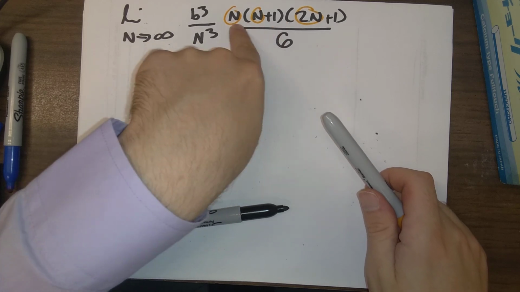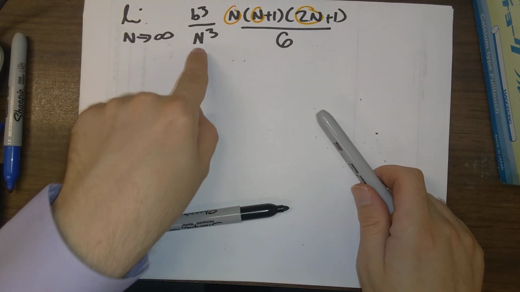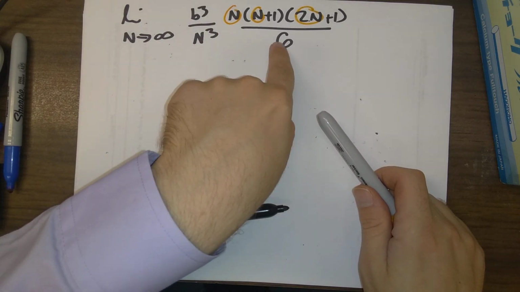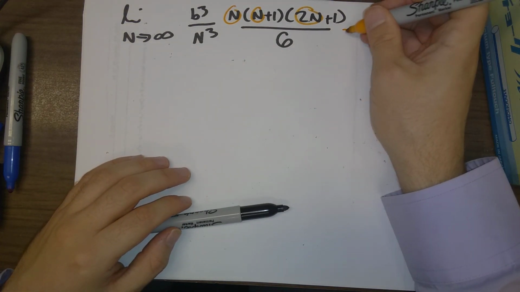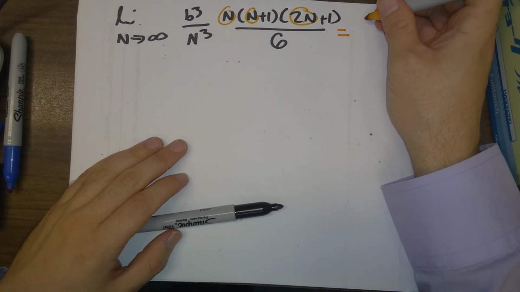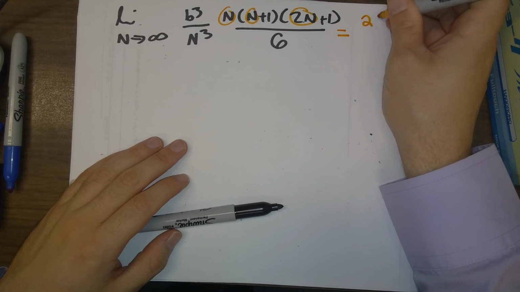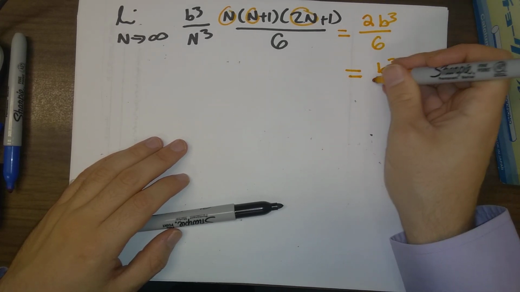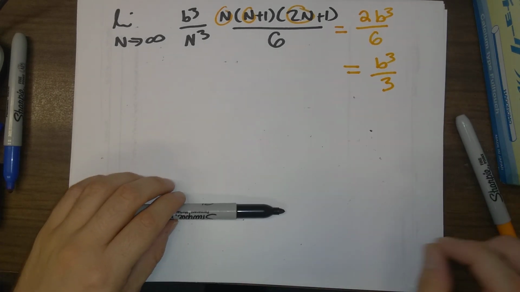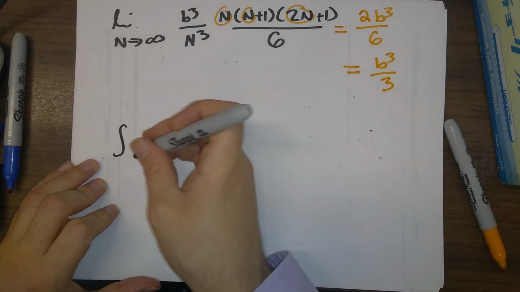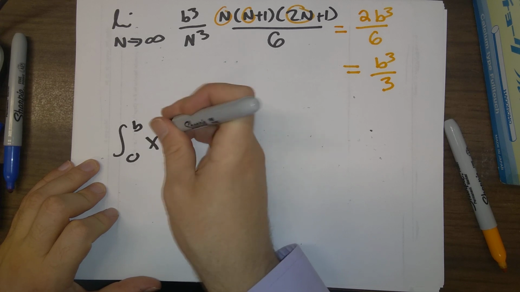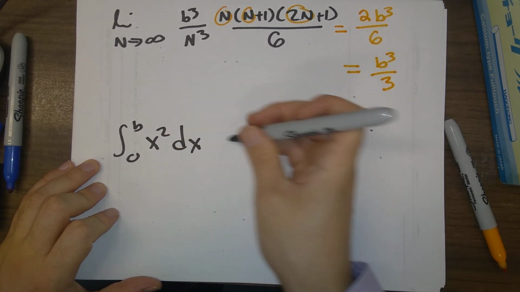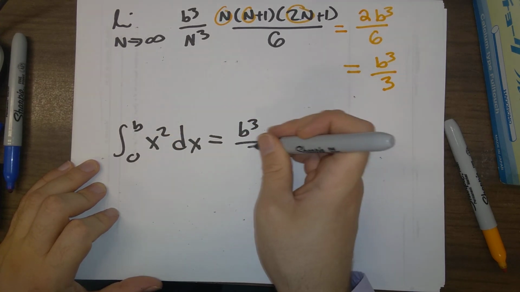We have 2n cubed upstairs times a b cubed. We have n cubed downstairs times 6. So just looking at the leading terms, we end up with 2b cubed divided by 6, which is just b cubed divided by 3. So what is our conclusion? The integral of x squared dx from 0 to b is b cubed over 3.